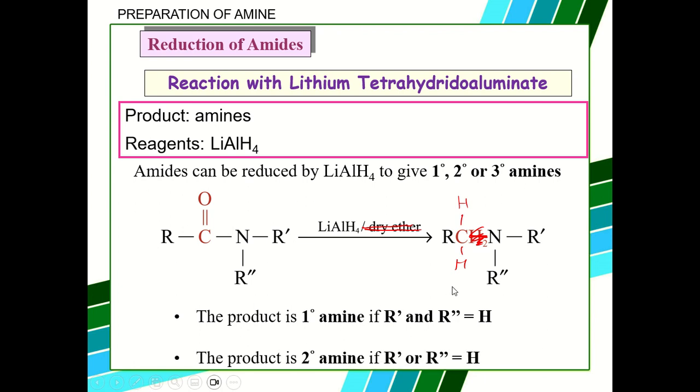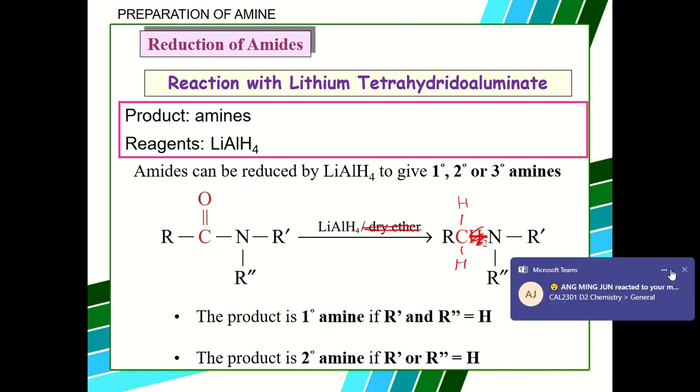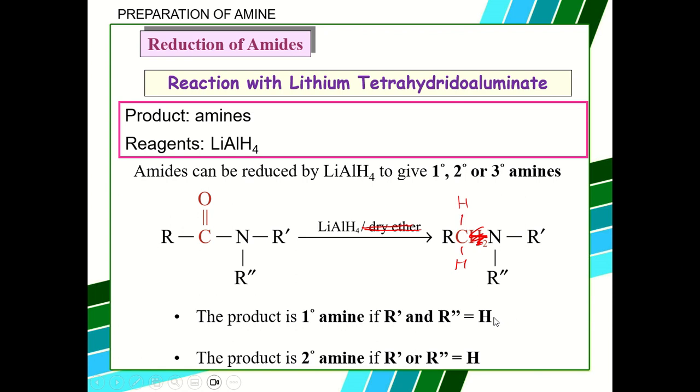I've written here, if these two R are hydrogens, then you will have a primary amine as the product. If one of them is an alkyl group, including this alkyl group, it will be a secondary amine. If all three of them are alkyl groups, then you have a tertiary amine as the product.